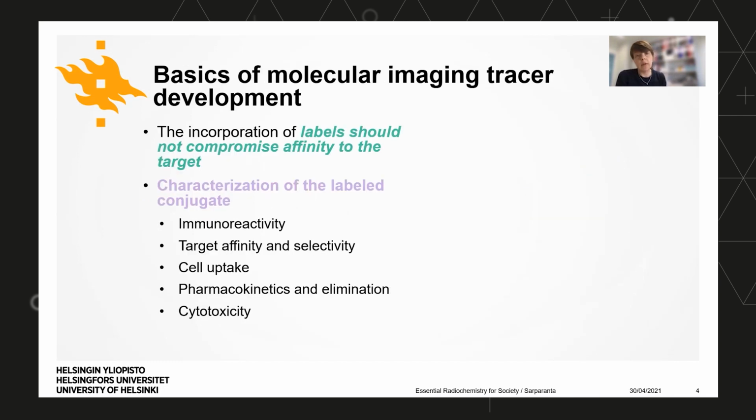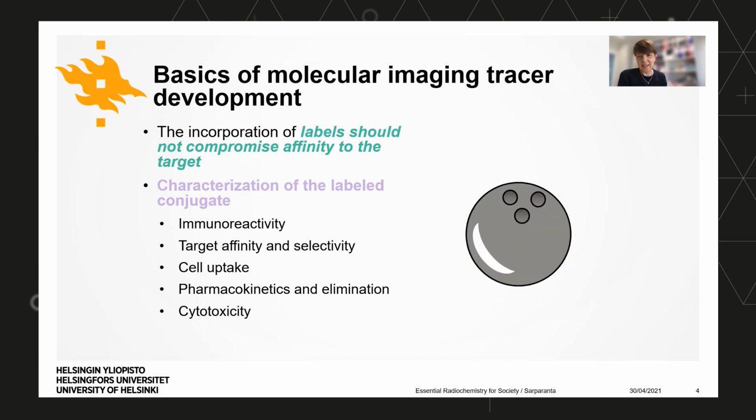So just to go over some of the basics of molecular imaging tracer development, with my background in the imaging of nanomaterials, one of the things that I have become critically aware of, and I think this applies to immune cells, is that the incorporation of the imaging labels should not compromise affinity to the target. So Sudeep, if you click, there's animation.